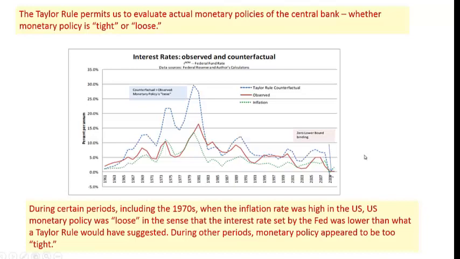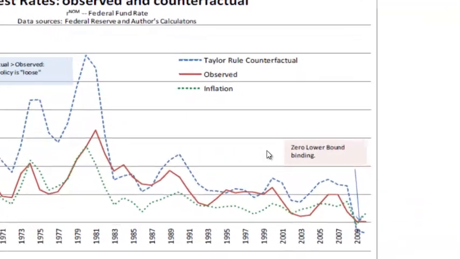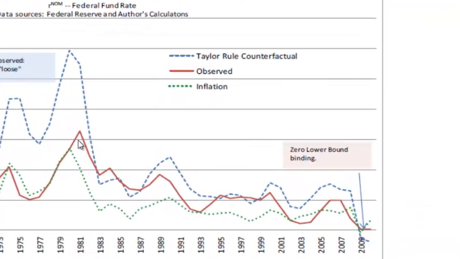This graph is from chapter 11 of the book, and we can see here the red line is what we observed, the blue dashed line is what the Taylor rule would have given us. So it turns out that, let's say, during the high inflation 70s, the observed interest rate was substantially less than what the Taylor rule would have told us.